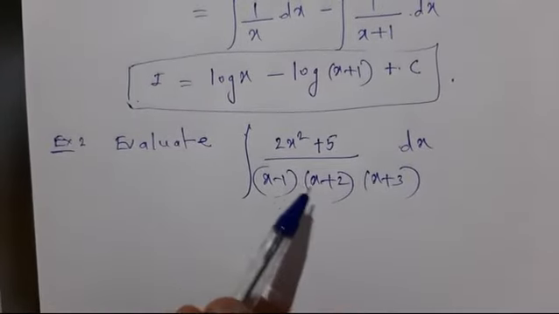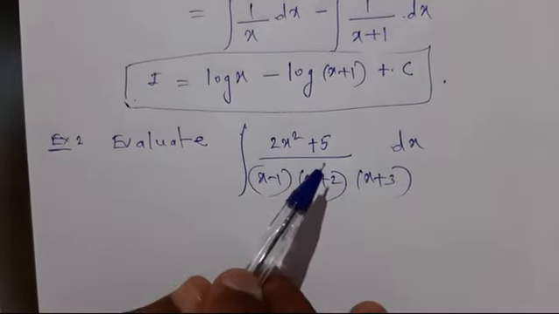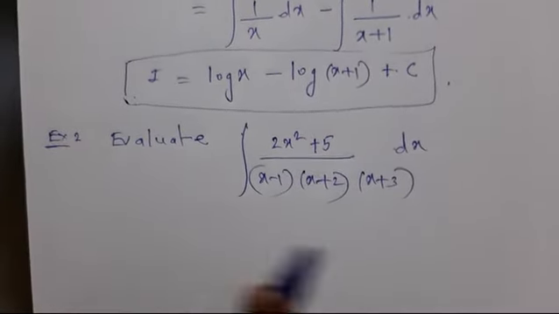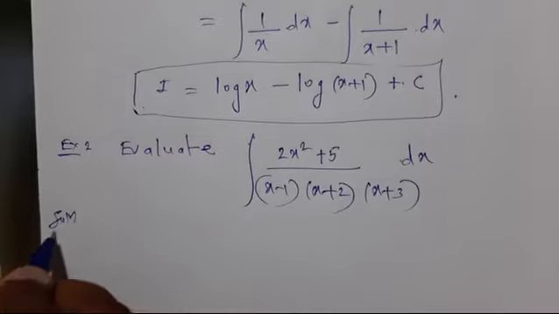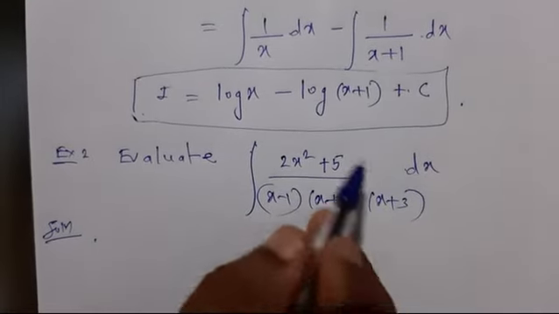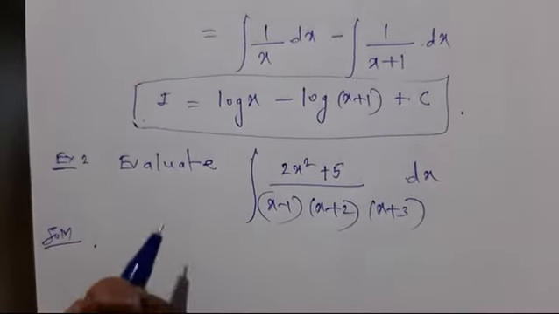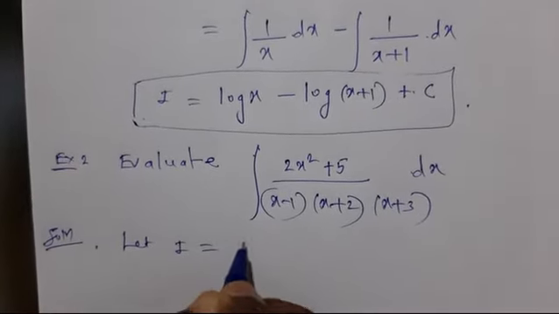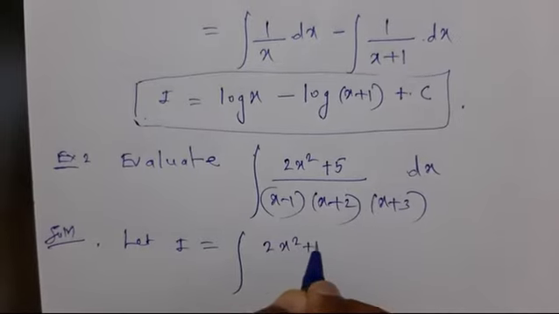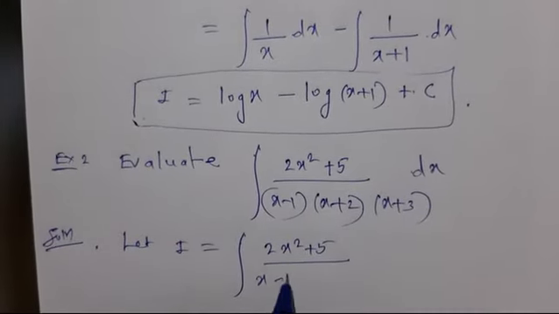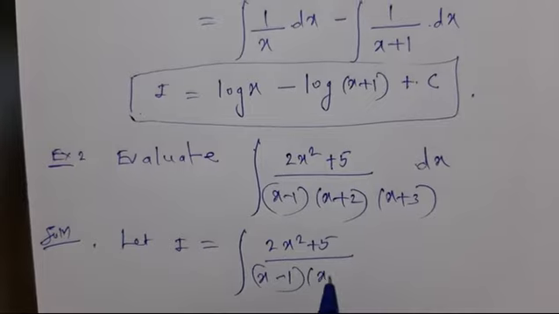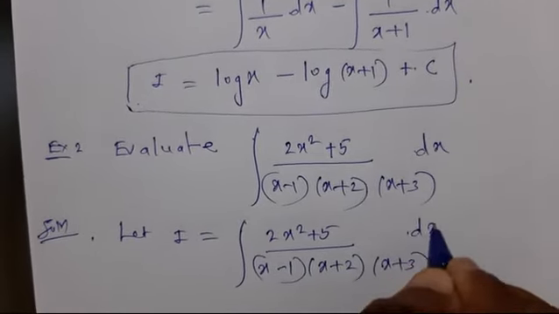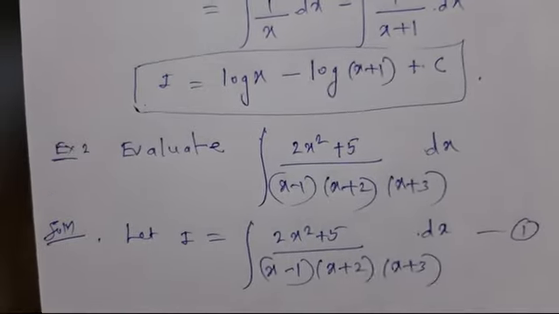So again, I cannot apply any formula to simplify this integration. Even I cannot apply the by parts rule. So first I will simplify the given integrand by using partial fraction method. So let us consider I is equal to integration of 2x square plus 5 upon x minus 1 into x plus 2 into x plus 3 into dx. I will denote this as equation number 1.